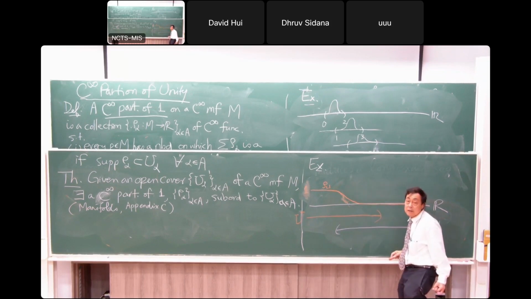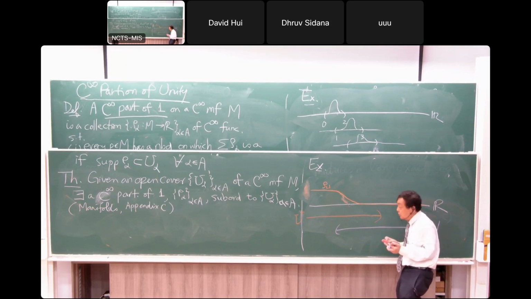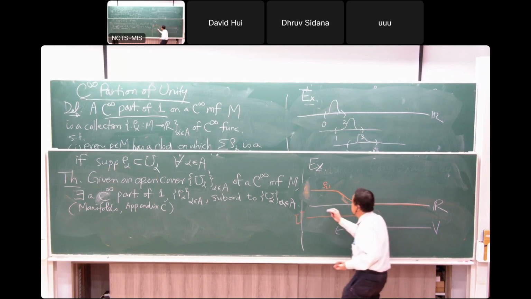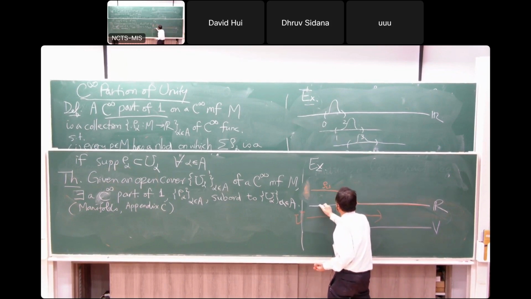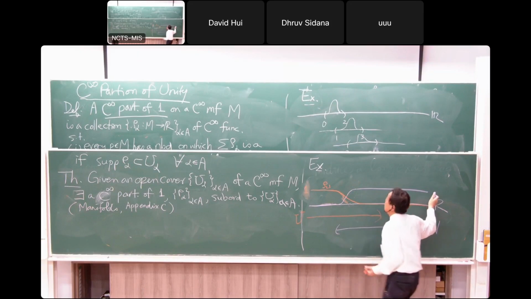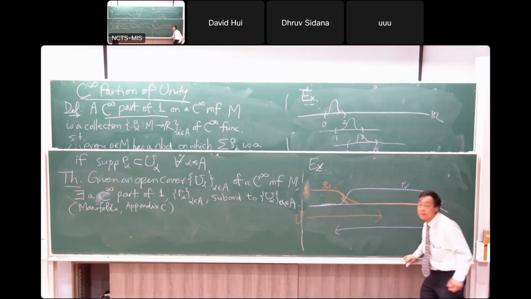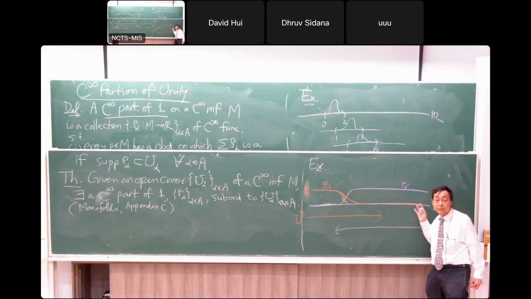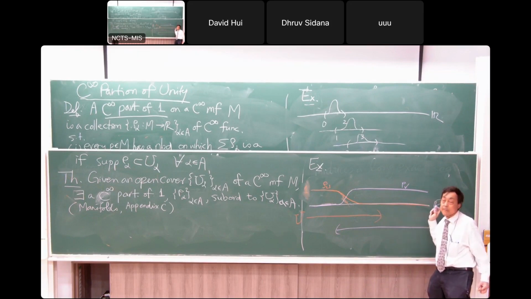Now rho V, if you have only two functions, rho V has to be just 1 minus rho U. So 1 minus rho U will look like this. It will be 0 here. And then, okay, they have to add up to 1. Okay, so rho V will have to look like this, okay? So that's what the C infinity partition of unity subordinate to U, V looks like.